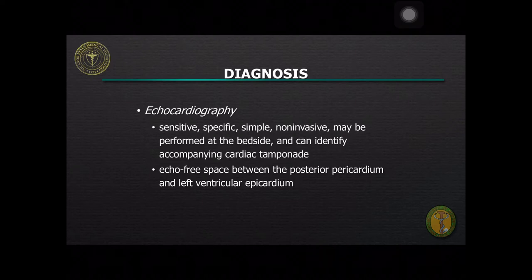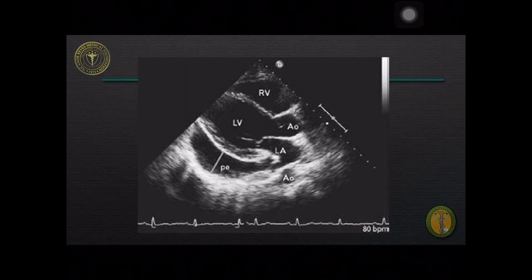It can identify accompanying cardiac tamponade. It is seen as an echo-free space between the posterior pericardium and left ventricular epicardium. This image shows you the presence of pericardial effusion posterior to the left ventricular free wall.